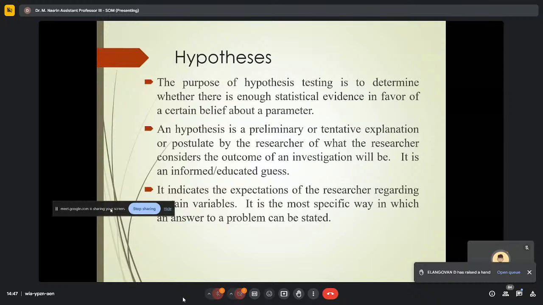We are making some guess based on our knowledge and understanding about the topic, and we are going to test whether my assumption is right or wrong, or whether the population can be well defined, or whether there is an answer to the problem in a properly stated manner or not. So that is what is referred to as hypothesis.